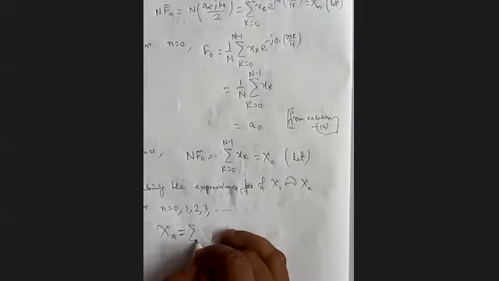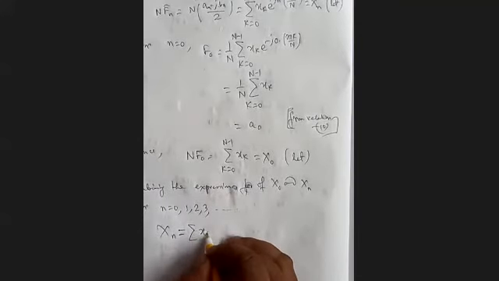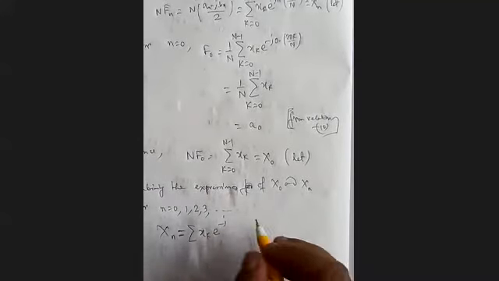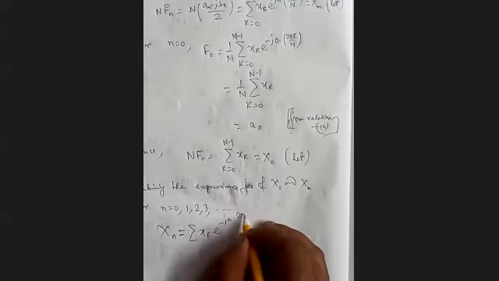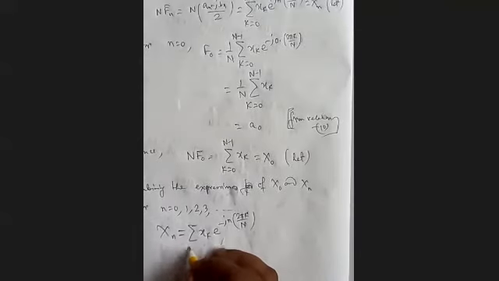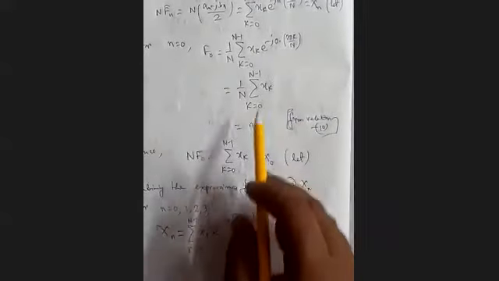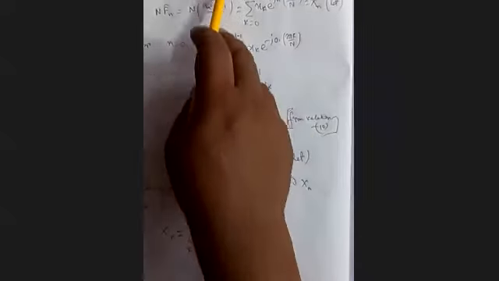It is summation xk e to the power minus j n 2 pi k by capital N, and k is varying from 0 to N minus 1, for all the values actually.